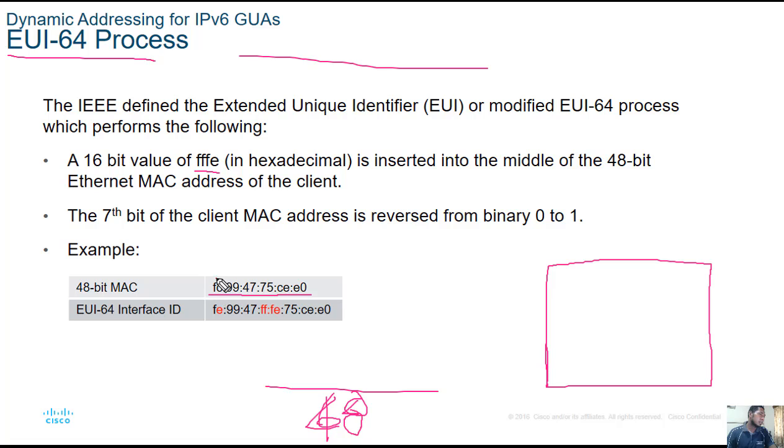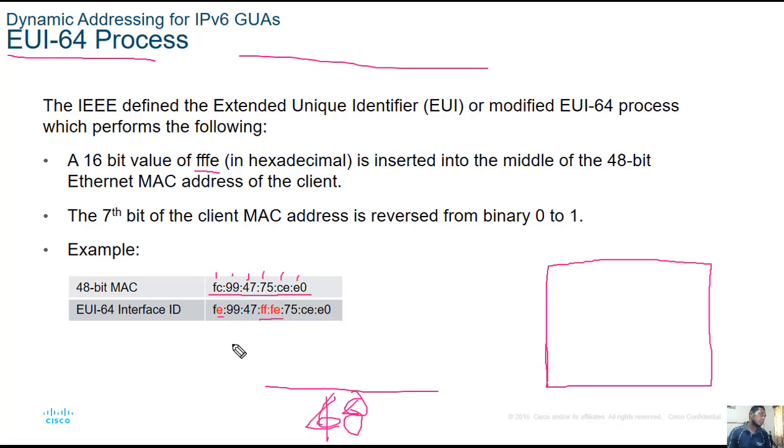Notice right in between 47 and 75, you have the 16-bit value inserted, and this changes to FE. So 99 is the same, 47 is the same.